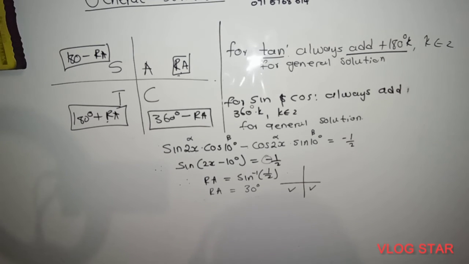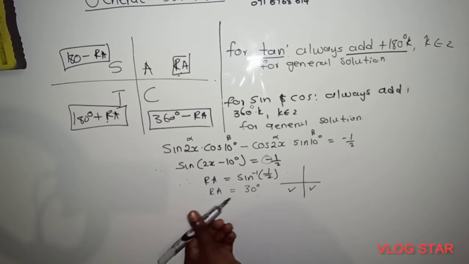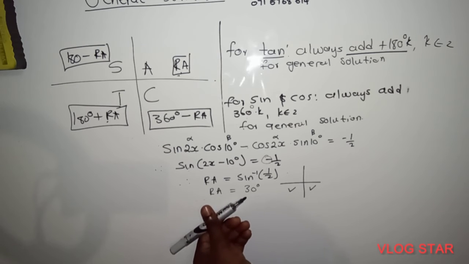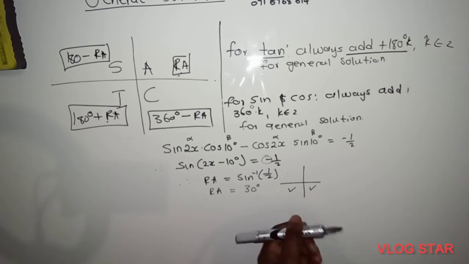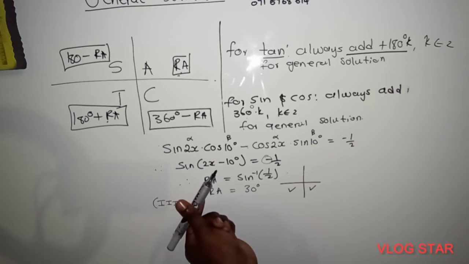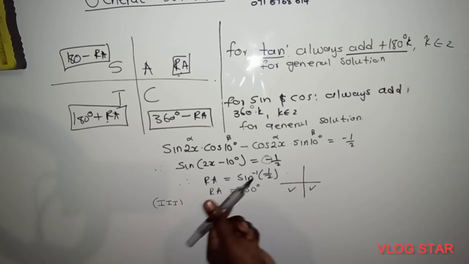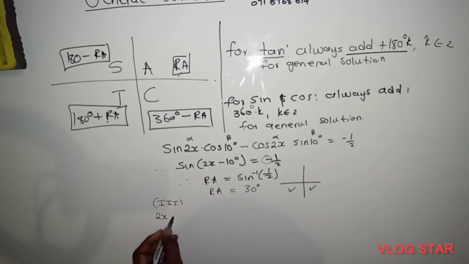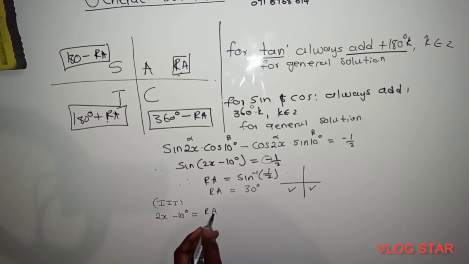So now I'm going to solve the general solution, because the reference angle is already here. You can start with any quadrant, so you can start with the third quadrant. Just because I'm not dealing with x alone but with 2x minus 10, I'm going to write 2x minus 10 degrees, which is equal to the reference angle.